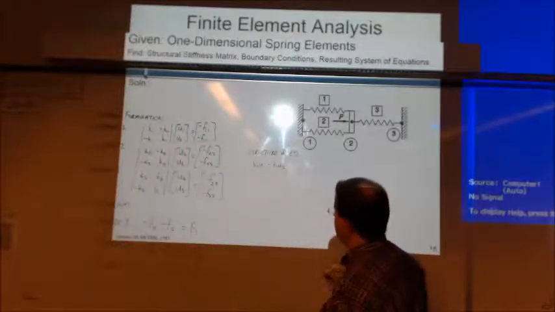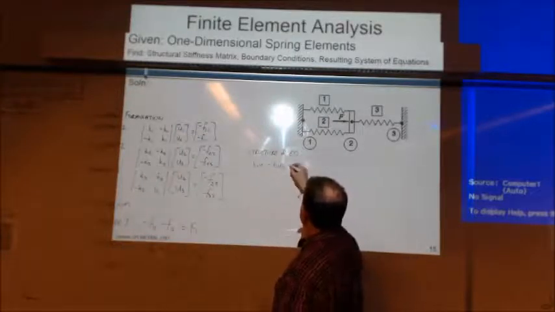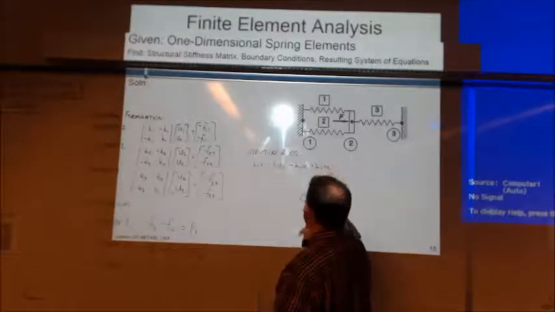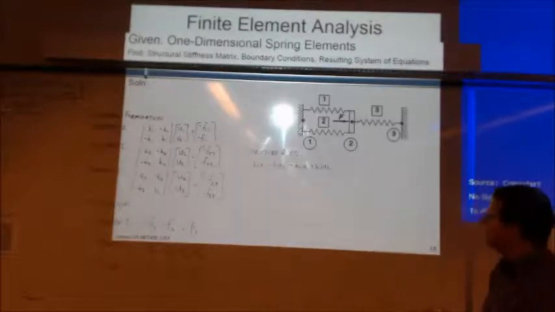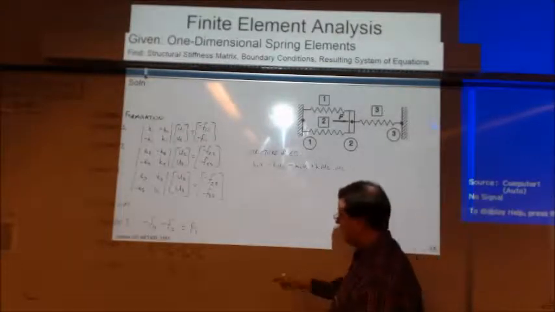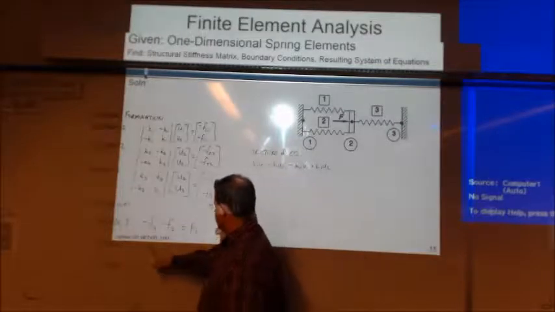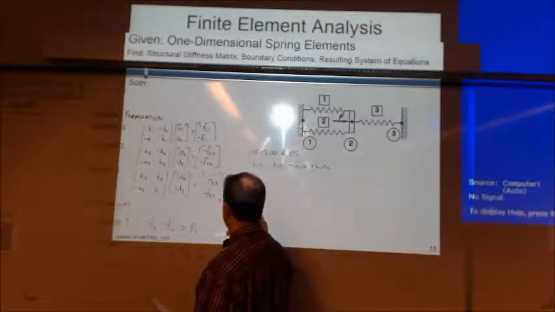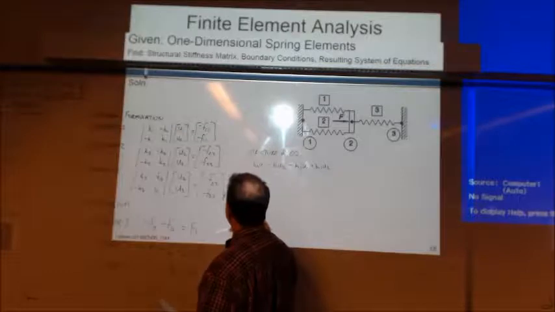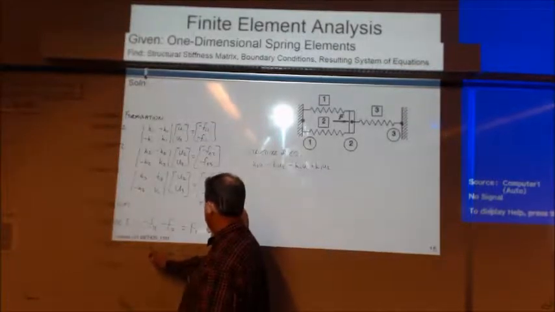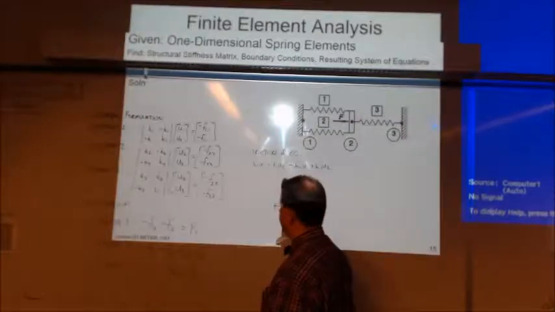Okay, so this is then going to be what? Minus K1U1 plus K1U2, right? Okay, so now we're down here. So this should have been 1, 2, not 2, 1, right?